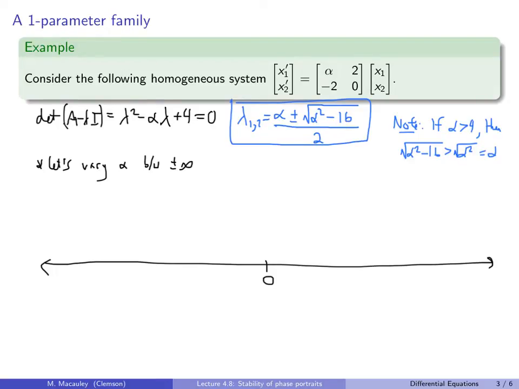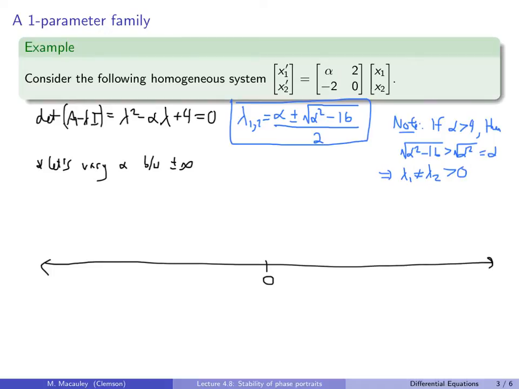And that means that both of these roots are going to be positive, so lambda 1 and lambda 2 are different, and they're both positive. Because we're starting with alpha and we're adding and subtracting something that's less than alpha, we never get anything negative.